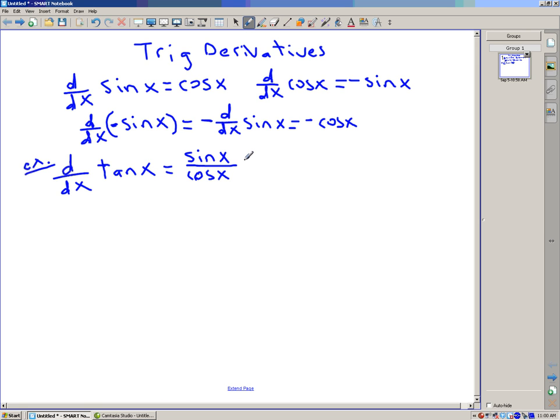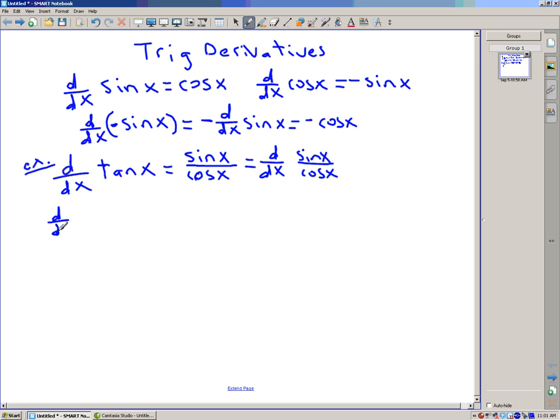Alright, so since I can rewrite this as tangent equals sine over cosine, I'm going to find the derivative of sine over cosine, and that will give us our derivative of tangent. We have a quotient, so we're going to apply the quotient rule, of course, which is low d high minus high d low over low low down below.